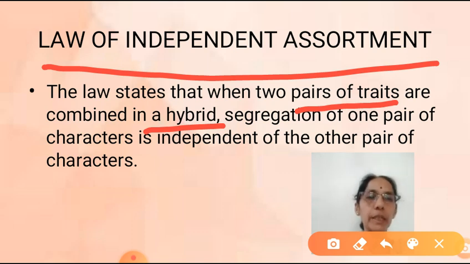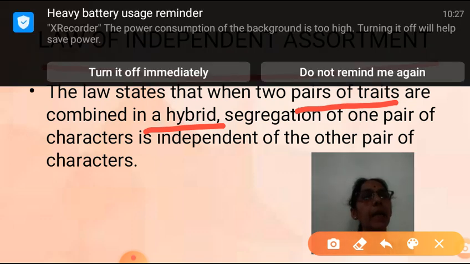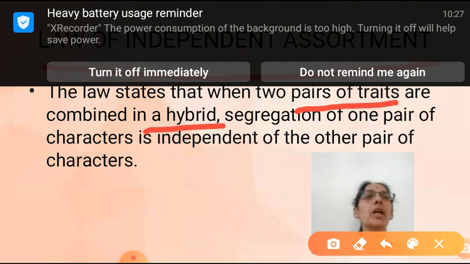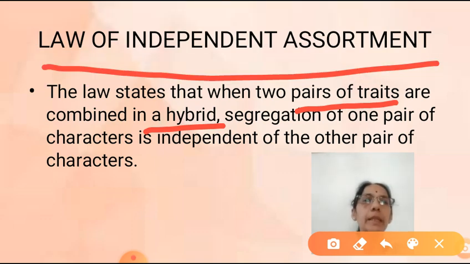But in the F2 generation, we got round yellow, we have got round green, we got wrinkled yellow as well as wrinkled green. That is what the law says. The law states that when two pairs of characters are combined in a hybrid, separation or segregation of one pair of character is independent of the other.